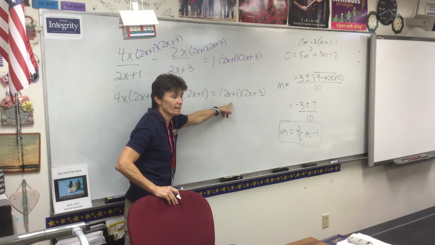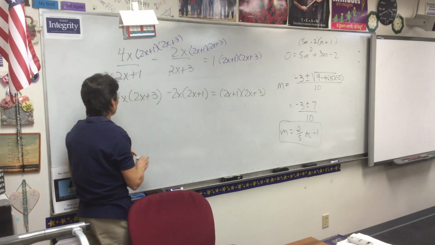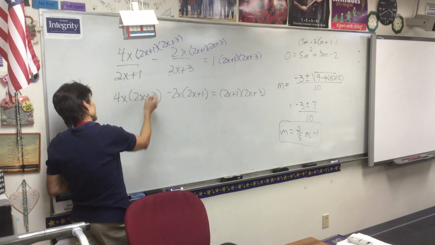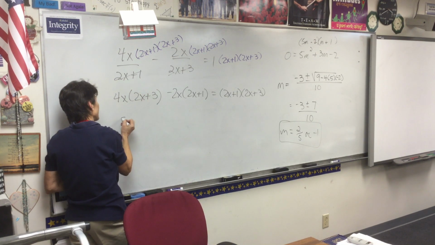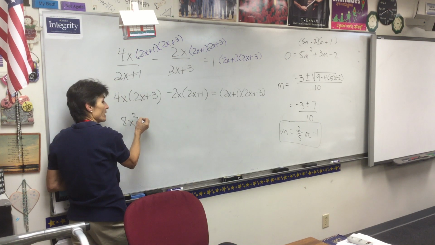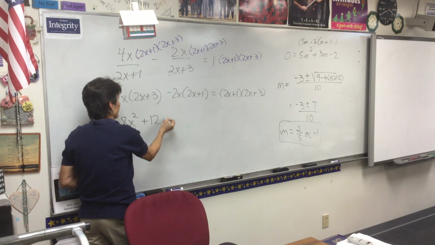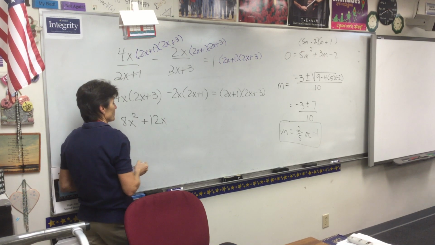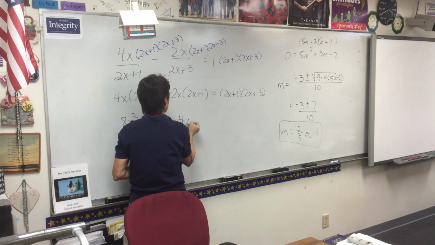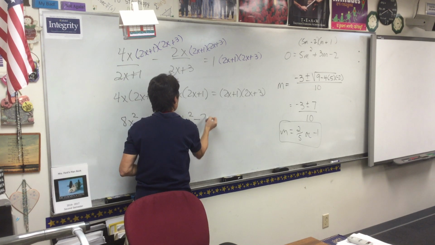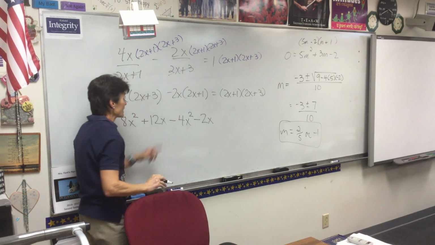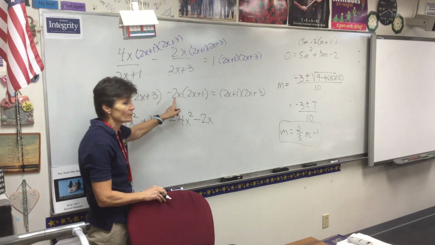Don't try to do anything fancy. That's just a plain old FOIL. So let's see. Distributing here, I get 8x squared plus 12x minus 4x squared minus 2x. That's going to catch us if we're not paying attention.